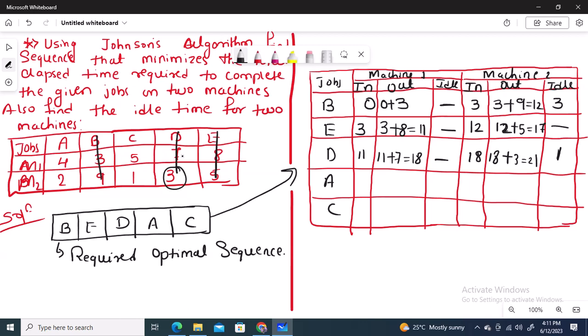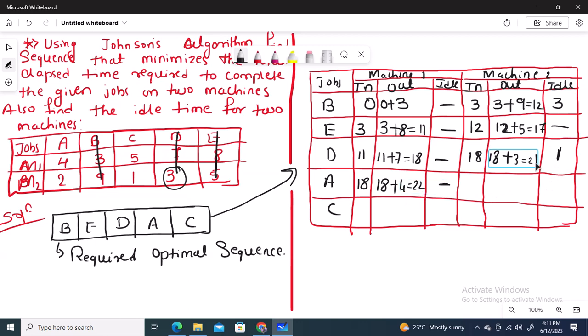Now the in time for job A is the closing time of job D, that is 18. Now 18 plus what is the time for machine 1 job A? 4. So 18 plus 4, 22. Again here also, to perform job A work, machine 2 has to wait 1 hour, because machine 1 will take 22 hours to complete it.